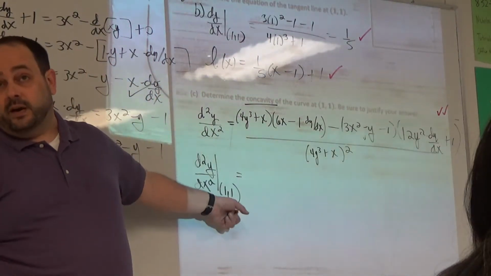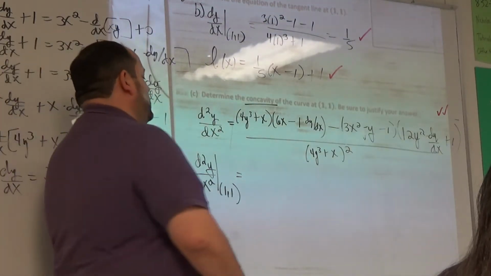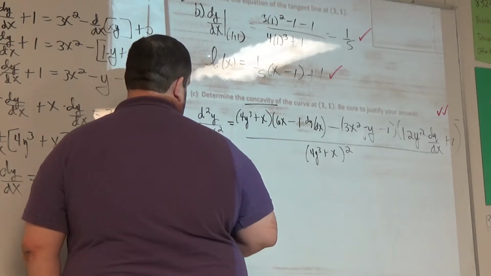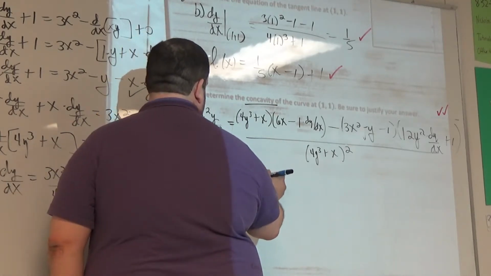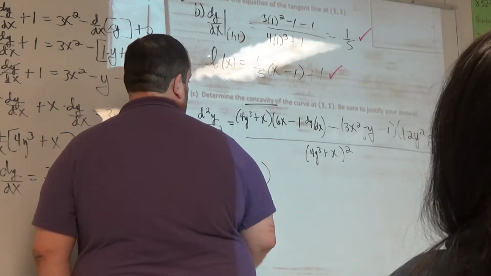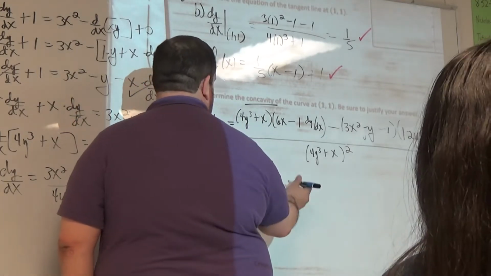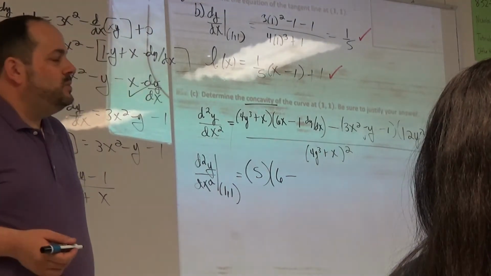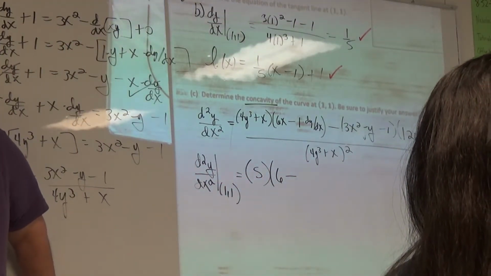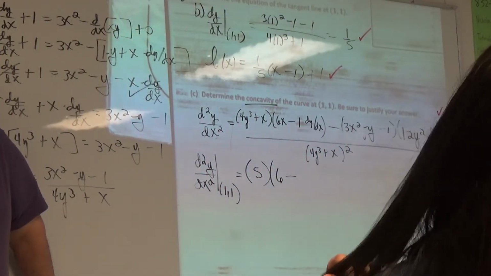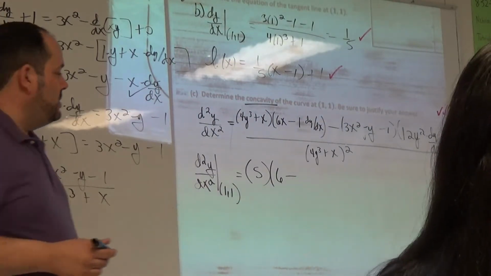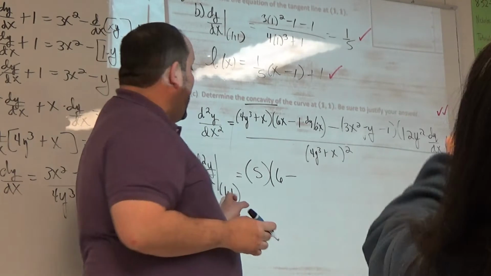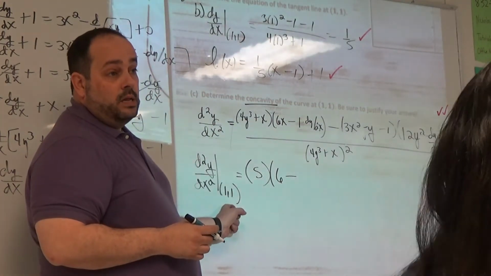Just got to plug it in. Everywhere there's an x, put in 1. Everywhere there's a y, put in 1. All right. 4 times 1 cubed plus 1. How about 5? 6 times x, 6, minus 1 times dy dx. You already know what dy dx is. Right, what's dy dx? Careful, dy dx at 1, 1.